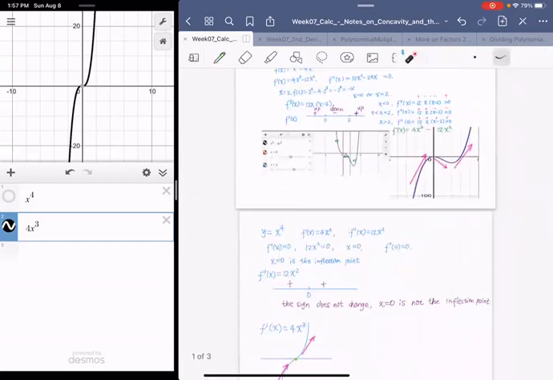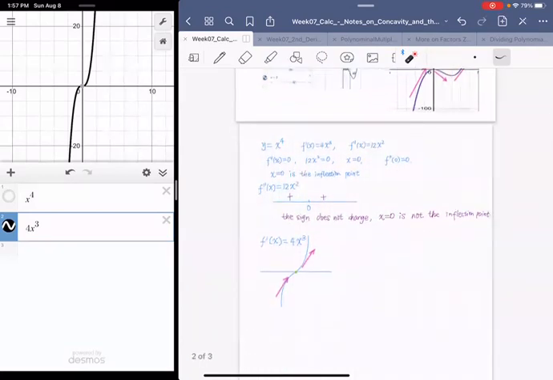Not like here. Here, increasing, decreasing. So this can be claimed as an inflection point. This one, decreasing, increasing. So this can be claimed as an inflection point. But in that example here, on the left increasing, on the right increasing, there's no way you can call this guy an inflection point.